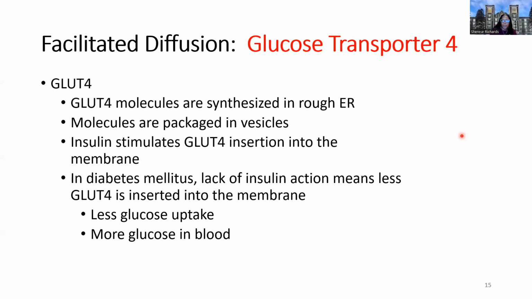And so this is why we begin to see the symptoms that manifest from diabetes, because we cannot actually utilize the glucose, so it sits in our blood and does lots of harmful, damaging things instead of being taken up into the cells where it can be utilized for cellular respiration. So this is where either the lack of insulin, which is type 1 diabetes, or insensitivity to insulin, which is type 2, can result in the harmful consequences of diabetes.